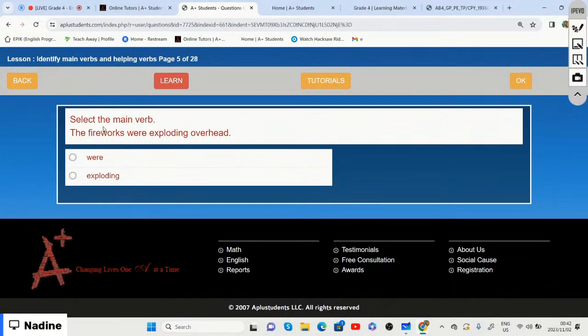All right, the fireworks were exploding overhead. We need to select the main verb within the sentence. Is it were or is it exploding?